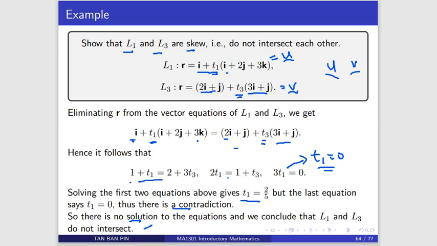So you solve any two of them, and the answers must satisfy the third equation. Since in this example, the t1 value you get from solving the first two equations is different from the third equation, that's why we can conclude that the equations have no solution. So L1, L3 are skew lines.